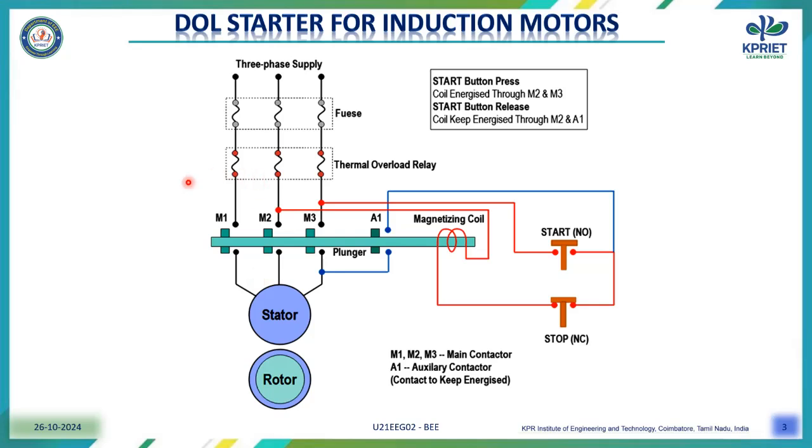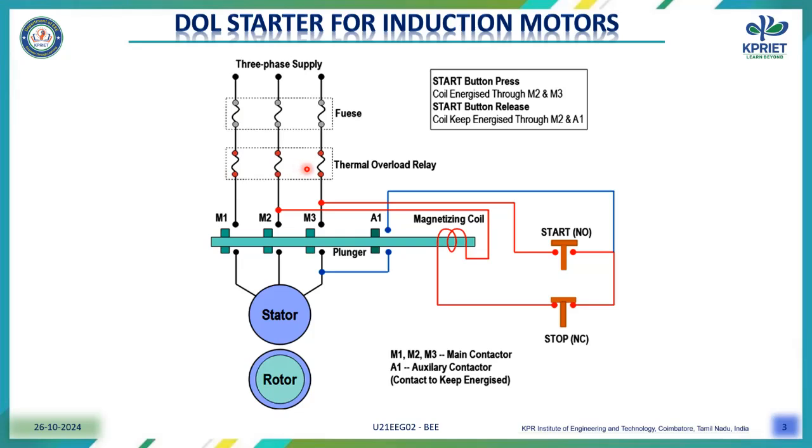So we will see the major parts, or major components, present in the DOL starter. The first one is the fuse. The fuse is used to protect the motor, especially from overcurrents. For that purpose, three fuses are inserted in the three-phase supply.